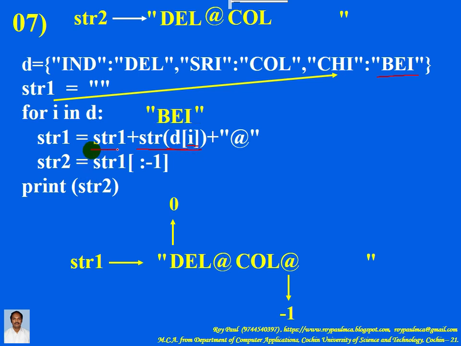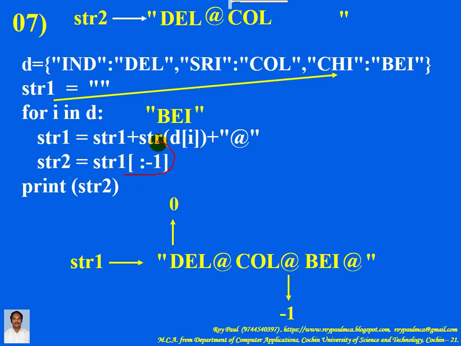So str1, that is DEL@COL@, is concatenated with BEI@. So now str1 becomes DEL@COL@BEI@.